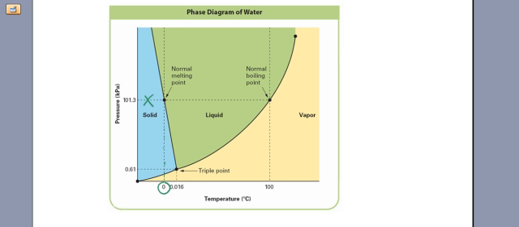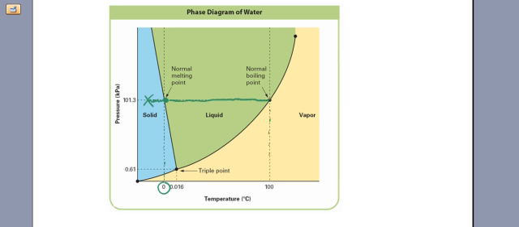Now, if you increase the temperature, eventually you're going to hit this slanted line on the phase diagram, going between a solid and a liquid, and eventually you'll be melting the ice into water. And you already know that that's going to happen. Once you get done with the melting process, you're going to be heating up your water, and it's going to get warmer and warmer until it hits 100 degrees Celsius.